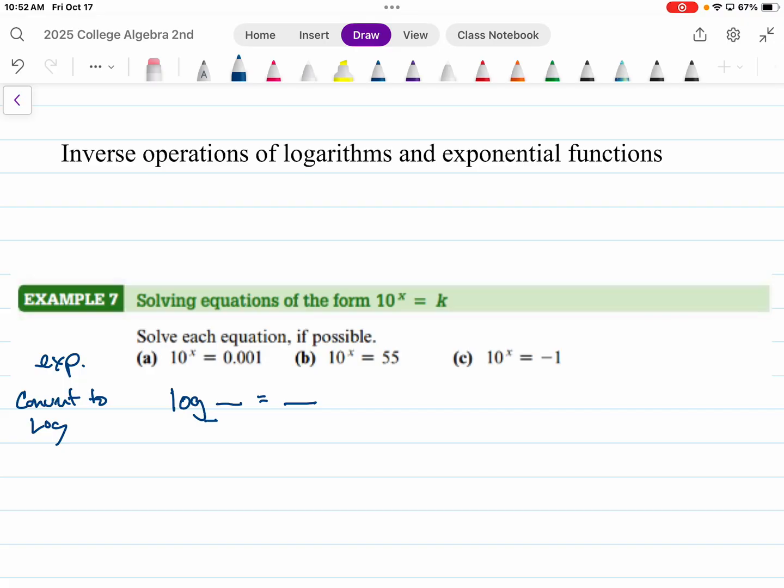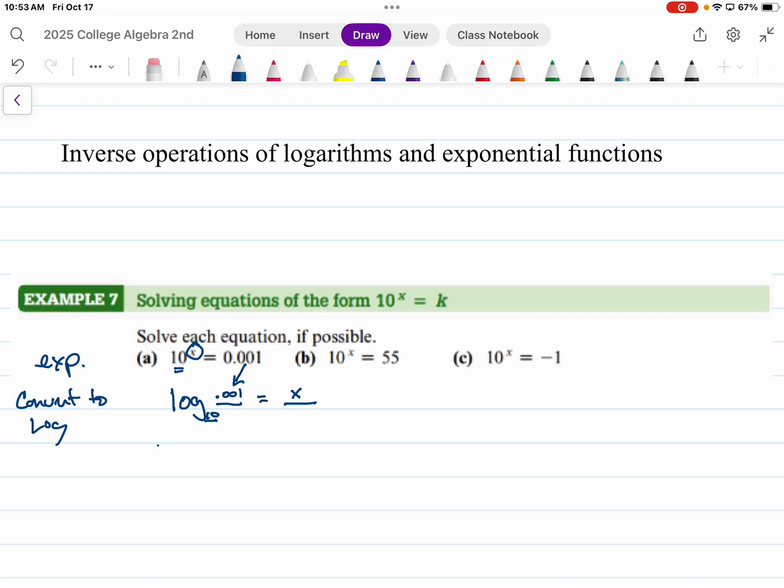So first off, wherever we see a number being raised to an x power, in this case the 10, that lets me know what my base is. So this is log base 10. The answer goes here. And then whatever was the exponent goes in the other spot.